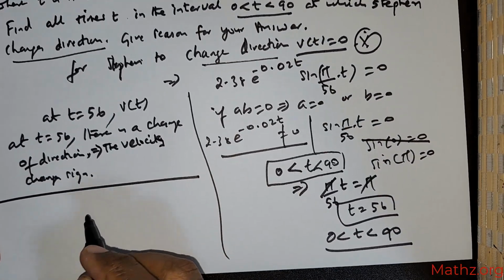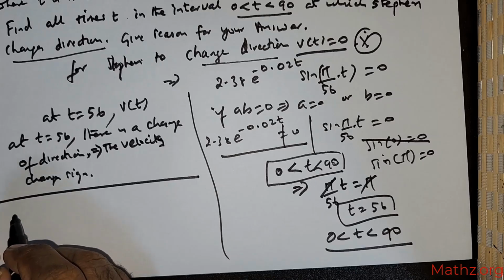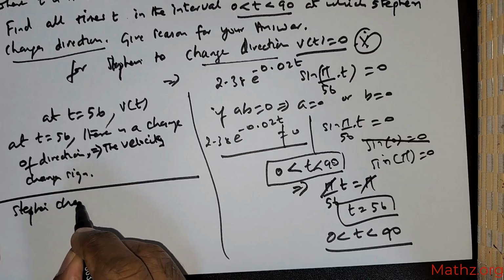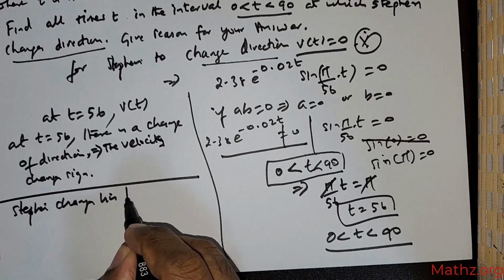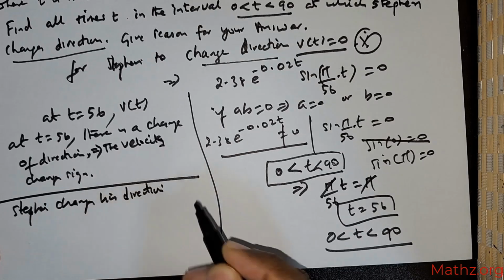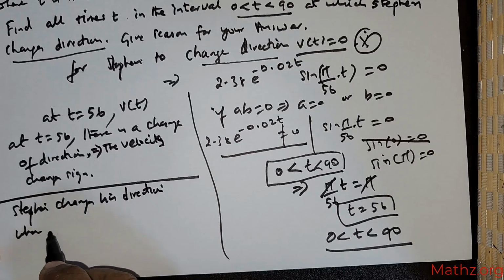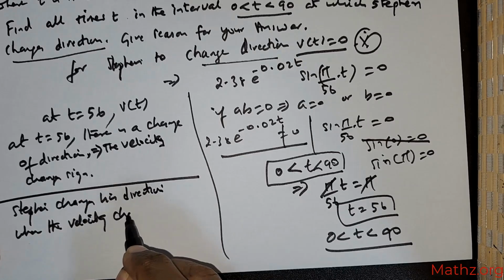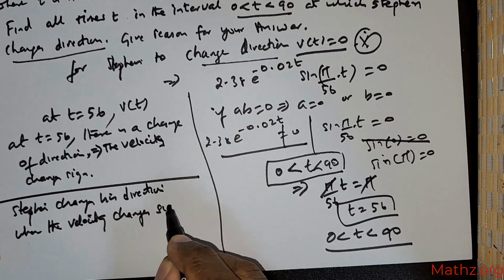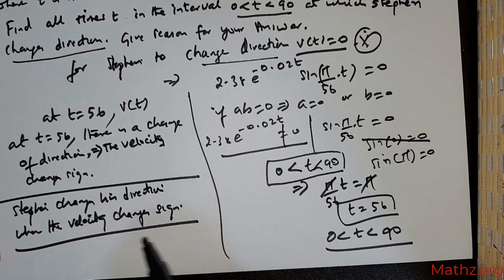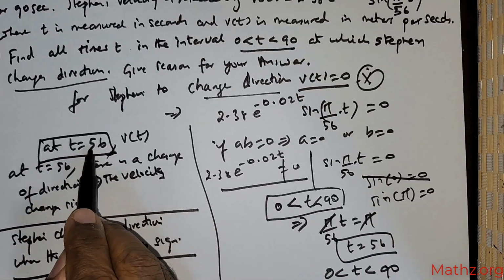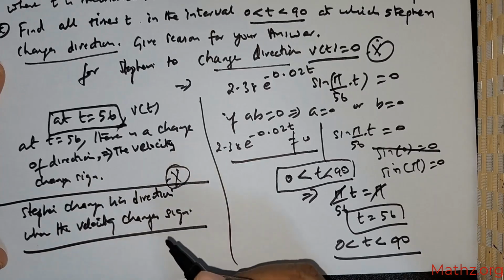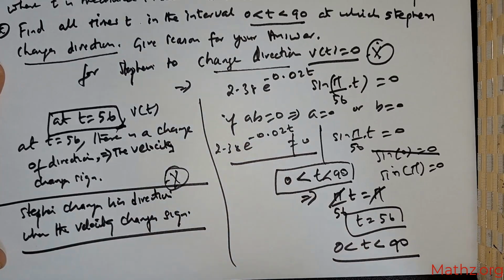So we can add this final conclusion: Stephen changes his direction when the velocity changes sign. So this is a very important point, and this is the next important point. So you will get 2 points for this.